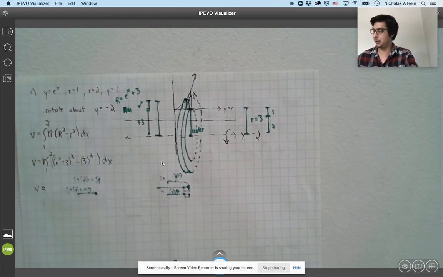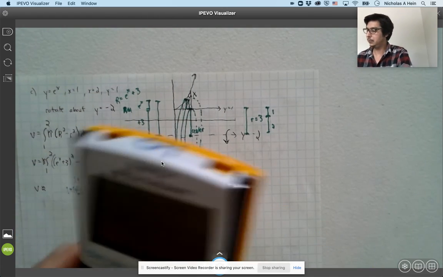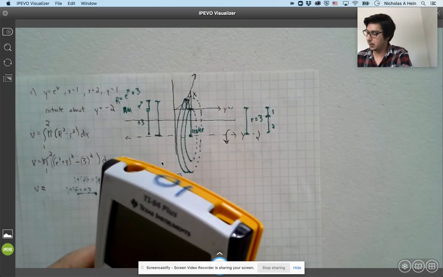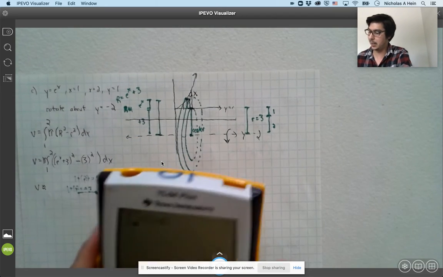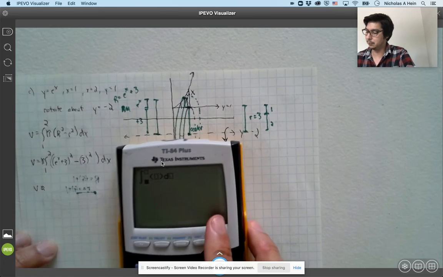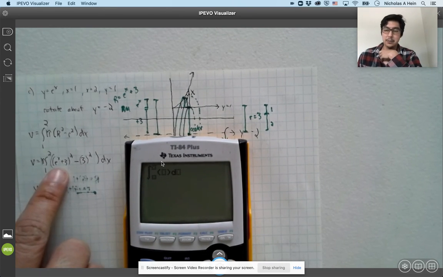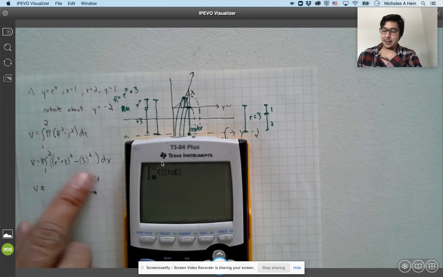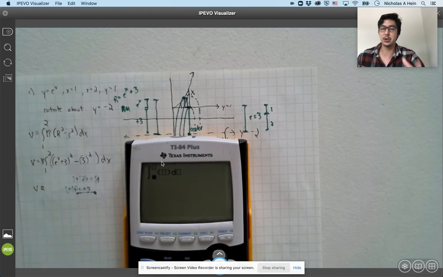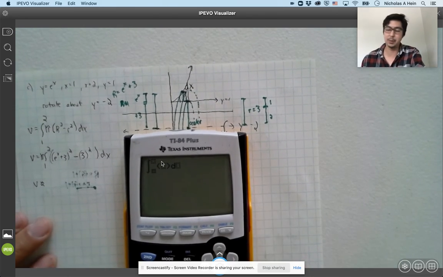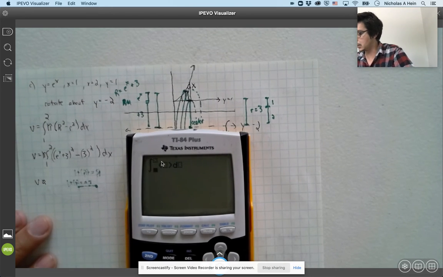And if you wanted to do it by hand, you could. I would probably multiply this out, combine like terms, and not have any squared terms, and then find the antiderivative of each term that's separated by the plus or minus. That could work by hand, but I'm just going to do it in this calculator to save time.